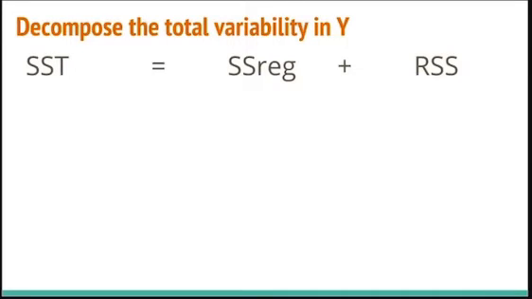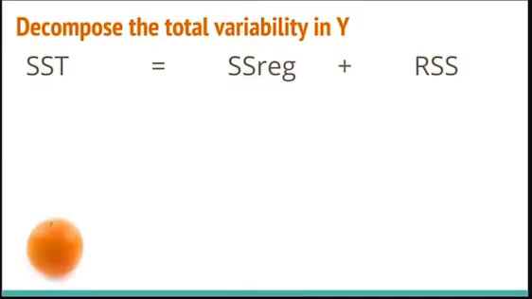SSreg means sum of squares regression, which is the explained variation. RSS means residual sum of squares, which is unexplained variation. I'm going to say that again. SST is the sum of squares total, SSreg is the sum of squares regression, and RSS is the residual sum of squares.